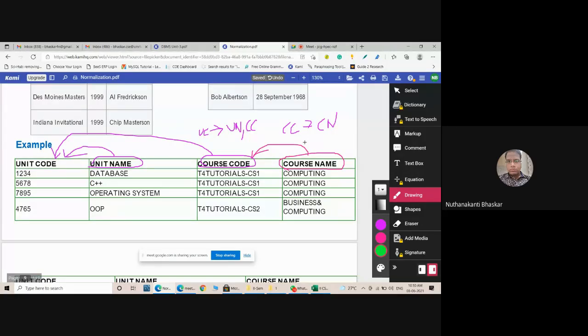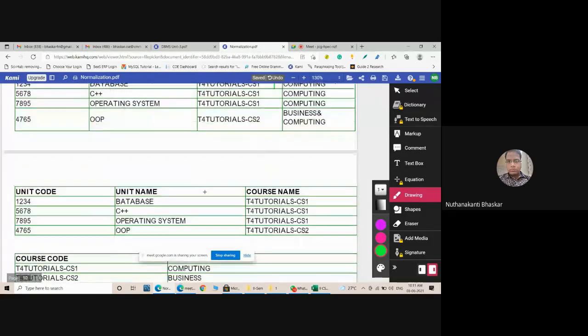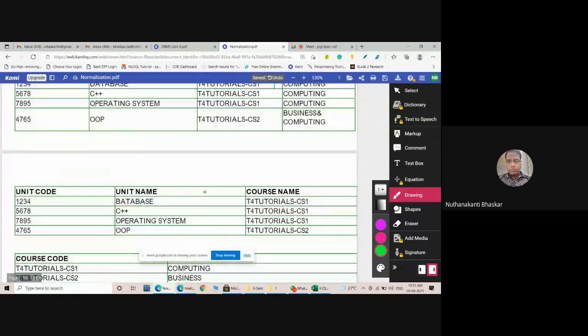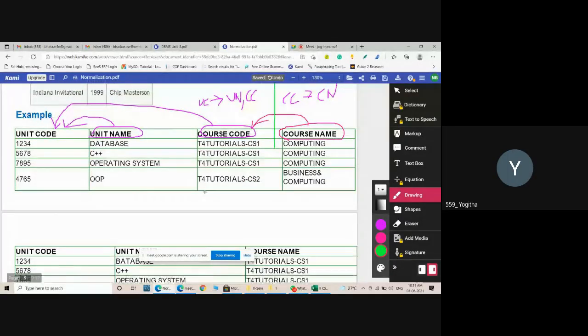We need to avoid this transitive dependency, so we need to decompose into two tables. One table is unit code, unit name, course code. Another table is course code and course name. Clear this? Yes, sir.